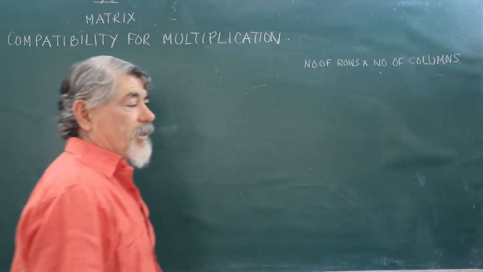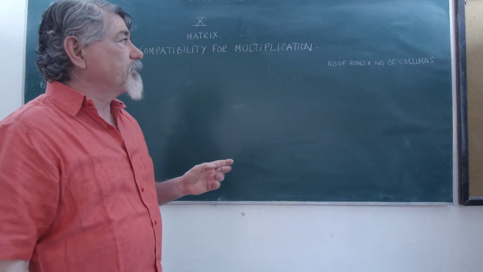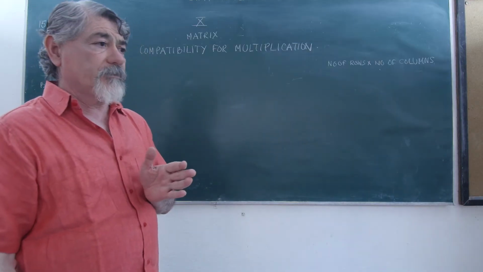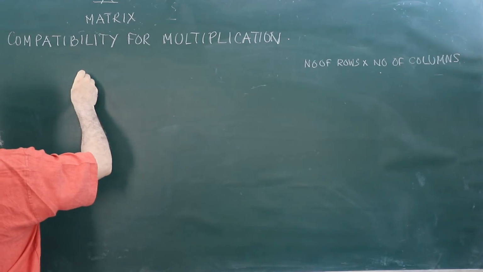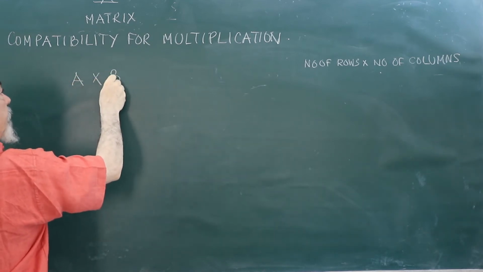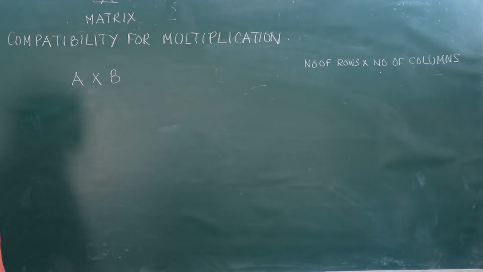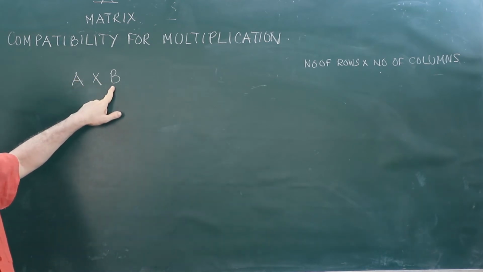From here we will start. The order of the matrix was number of rows into number of columns. If there are 2 matrices, suppose I say matrix A and matrix B, when can they be multiplied? A and B both are matrices.